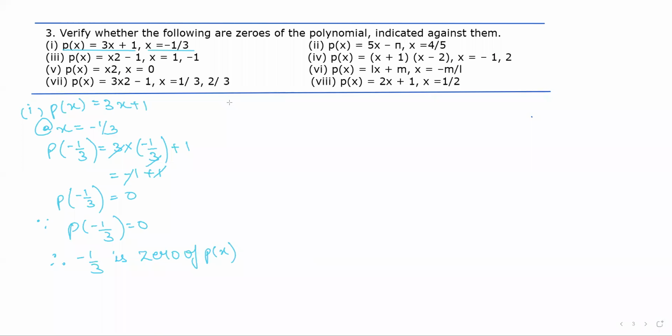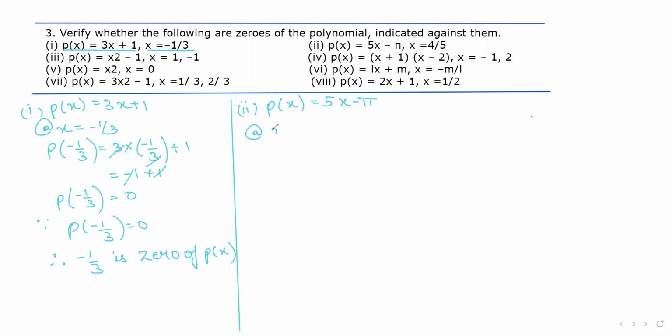Next, P of x is equal to 5x minus pi. You have to check whether x equals 4 by 5 is a zero of P of x.